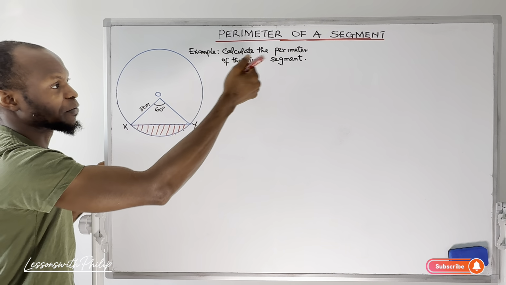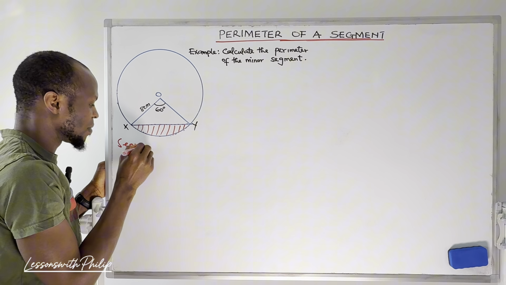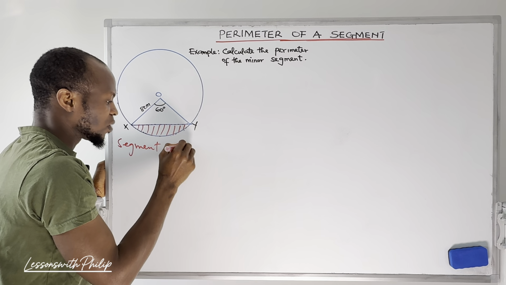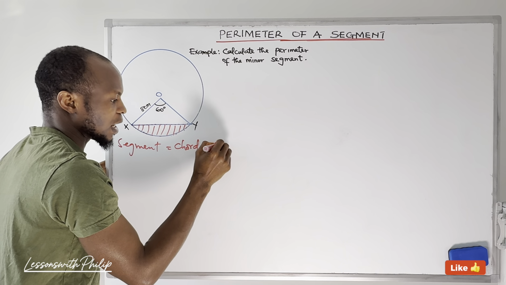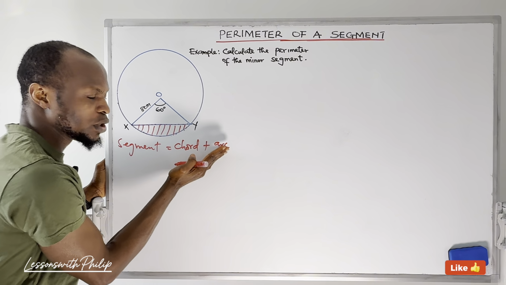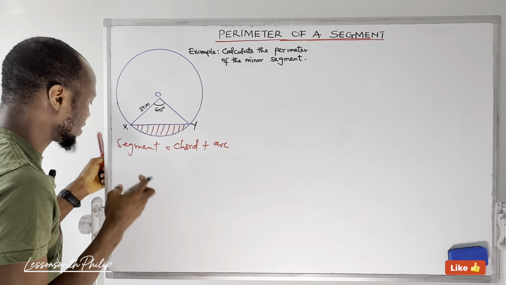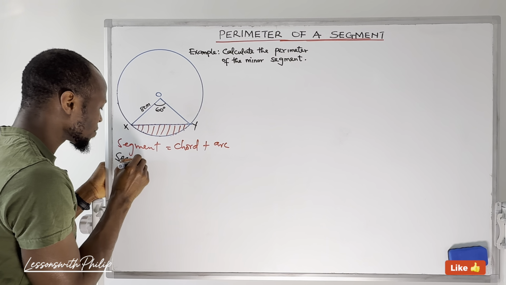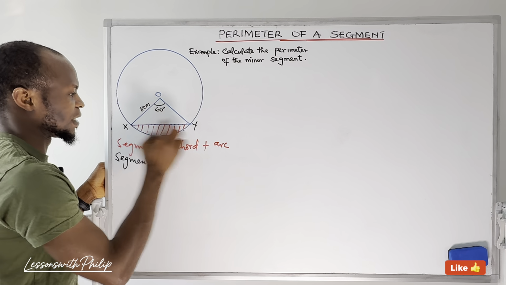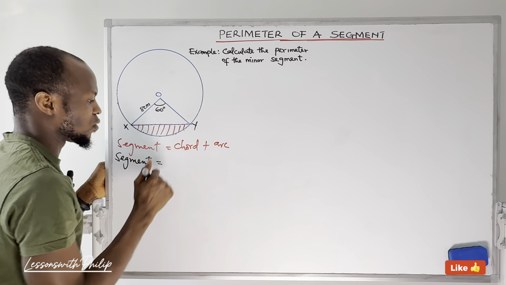Now I've told us that a segment consists of chord and arc. So automatically, if you know this, you understand the formula of a segment. Don't forget, this is my chord XY. Our formula to find the chord is 2 radius sine theta divided by 2, plus my arc.